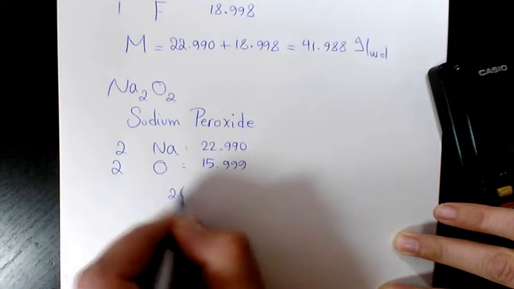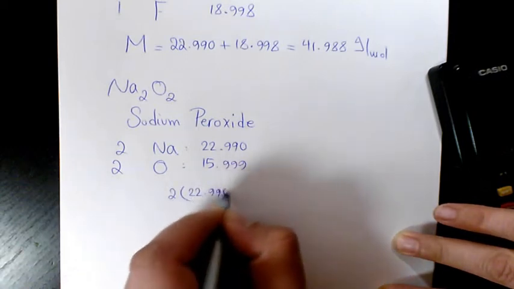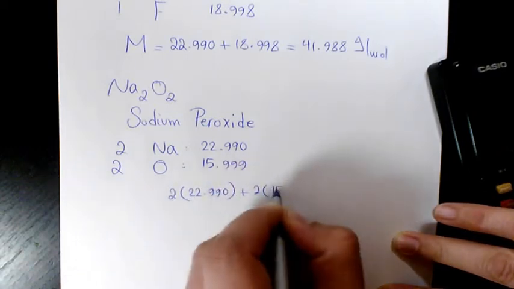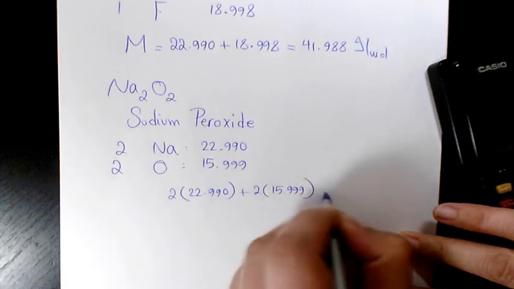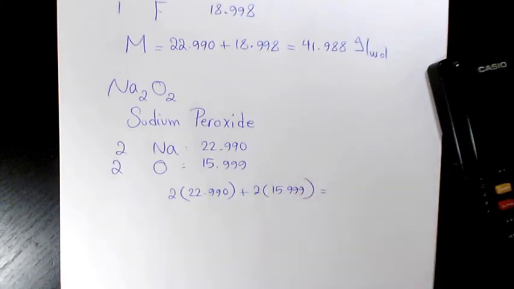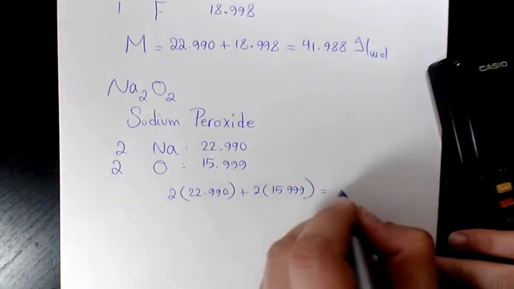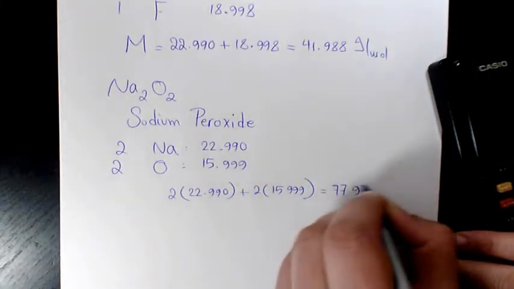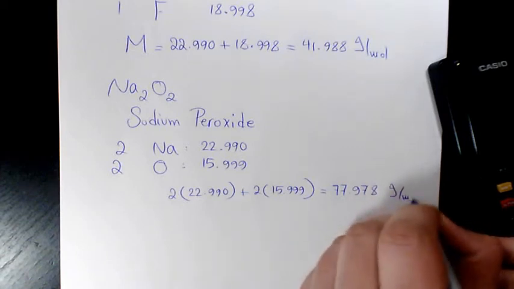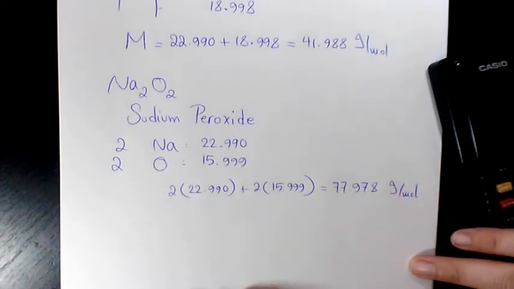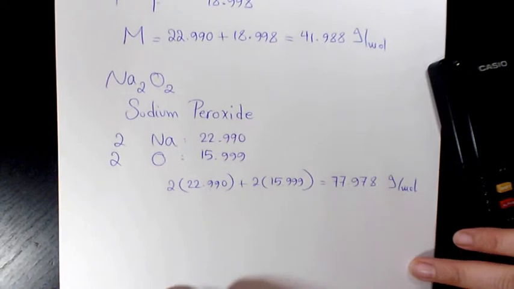So it's going to be 2 times 22.990 plus 2 times 15.999. That's going to give 77.978 grams per mole. That's sodium peroxide.